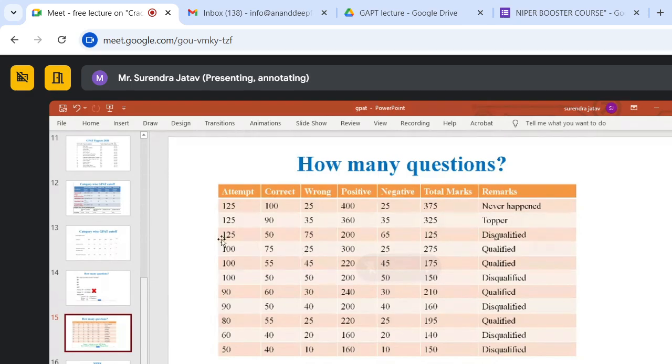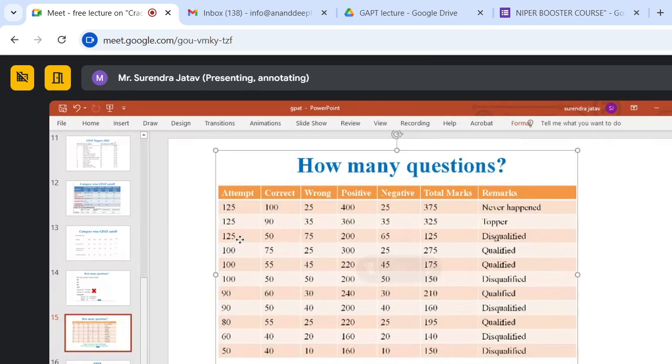But if you use the strategy of attempting 125, with 50 questions correct and 75 wrong, what marks will you get? 200. And for 75 wrong, you minus 75, so the final marks you got is 125. Definitely you are disqualified.